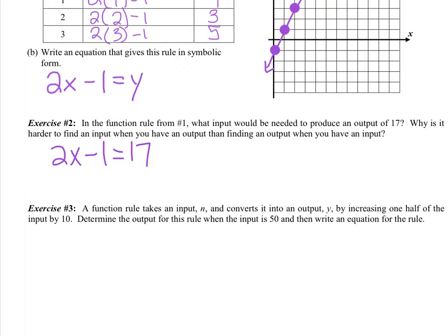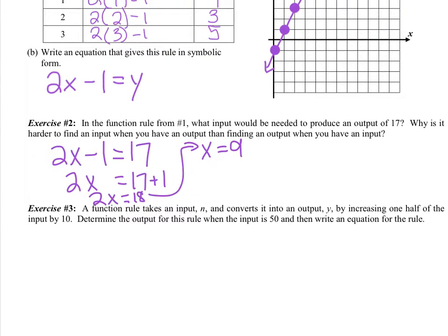Well, let's solve it. So I'll get 2x is equal to 17 plus 1. Oh, I'm running out of space, but 2x is equal to 18. And if we divide both sides by 2, we would get x. I need to write smaller. x is equal to 9.